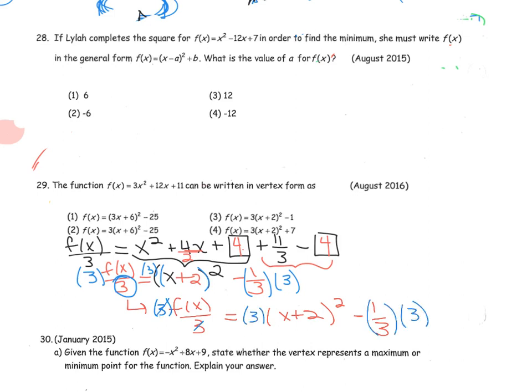Okay? In the end, what I'm left with is now f of x equals 3 times (x plus 2) squared minus 1. And the only answer choice that this satisfies is answer choice 3.